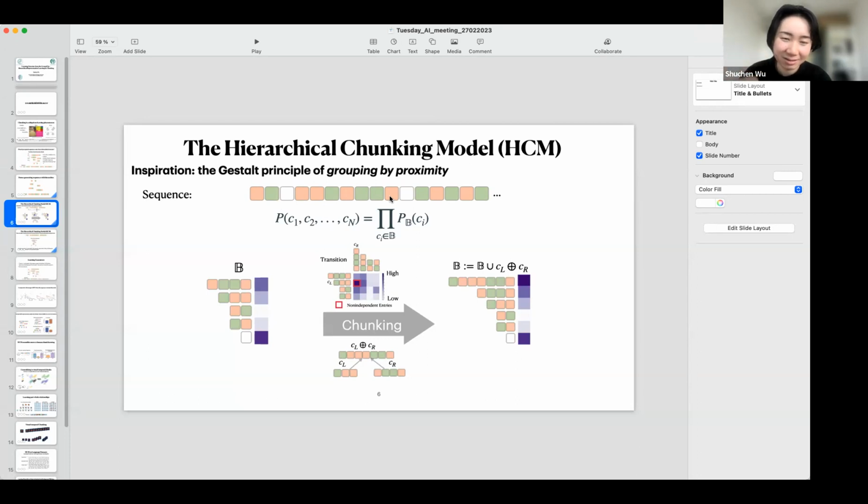This process is updated on the go, and at every single update, you also update the transition frequency, as you update both the marginal frequency, which is how often each chunk occurs, and the transition frequency, which is how often one chunk follows another.